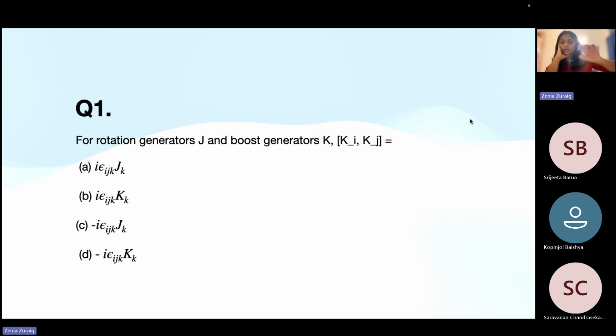The Lorentz group contains both rotations and boosts, and you can find the generators and these commutation relations. Okay, someone says C. Any other answers?